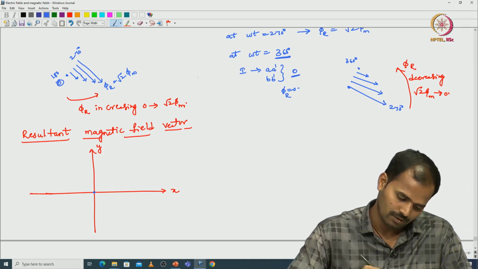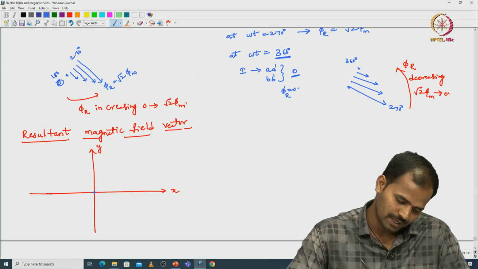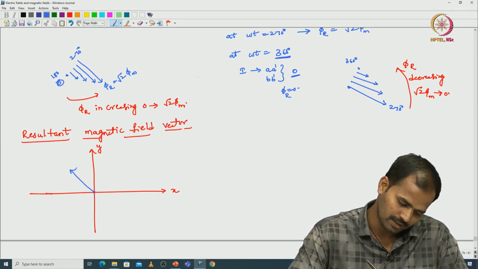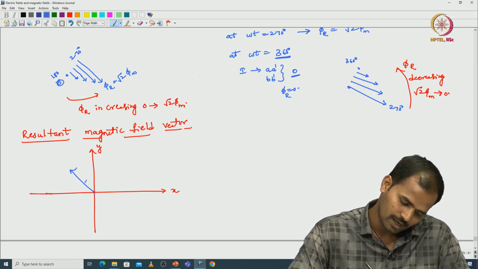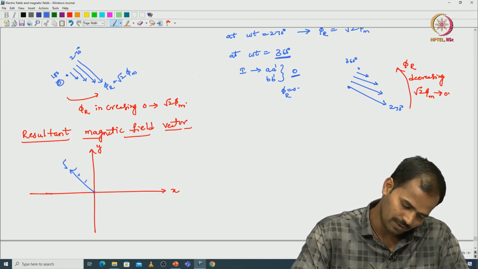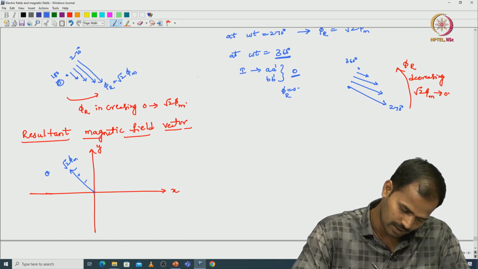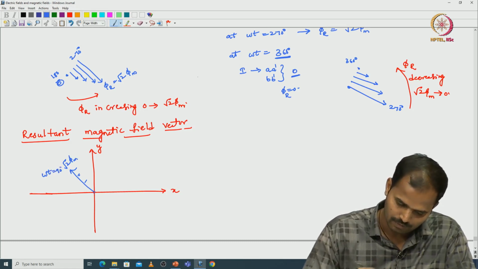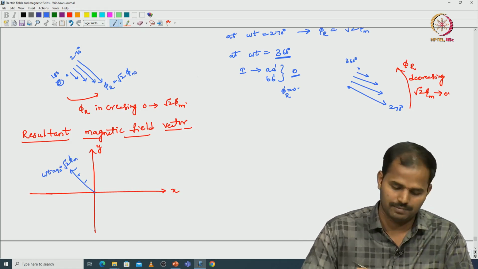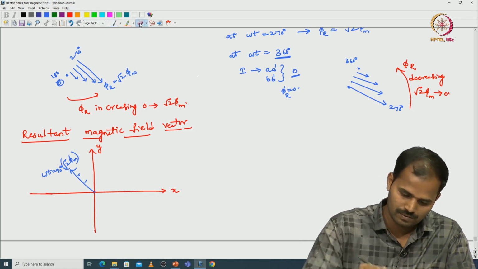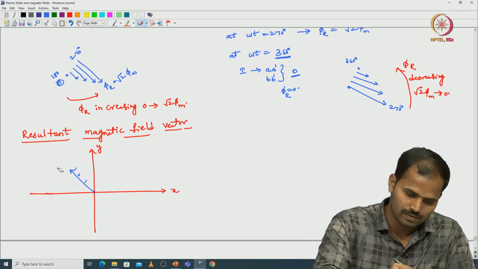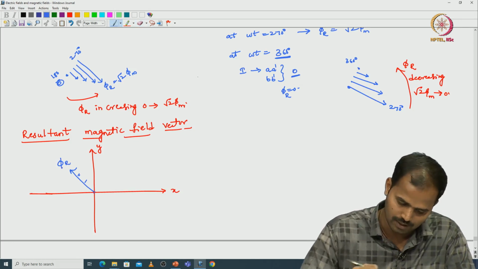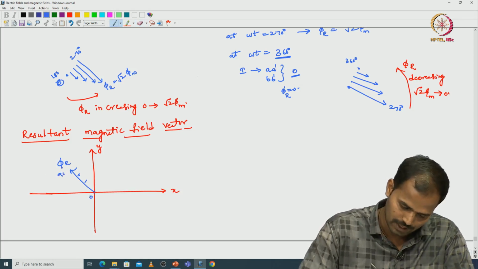Then from 0 to 45 it is increasing in this manner, and it will reach the maximum value at omega t equals 90 degrees, that is root 2 phi m magnitude. This is phi r from 0 to 90 degrees.